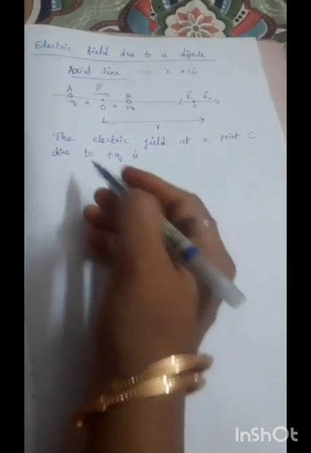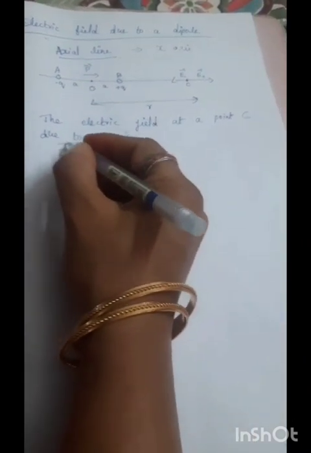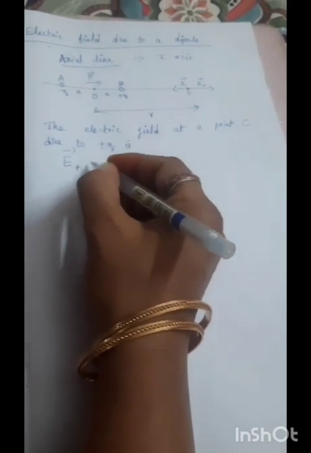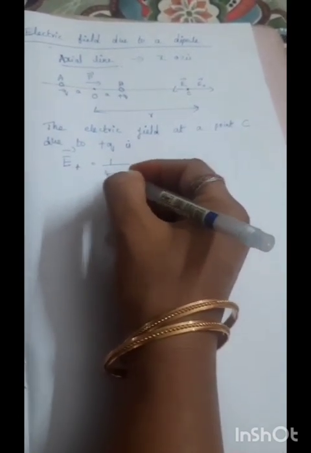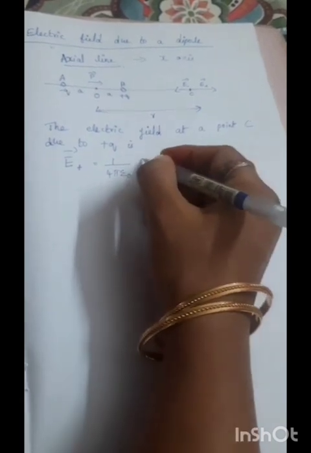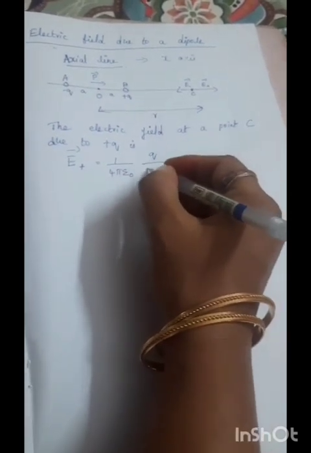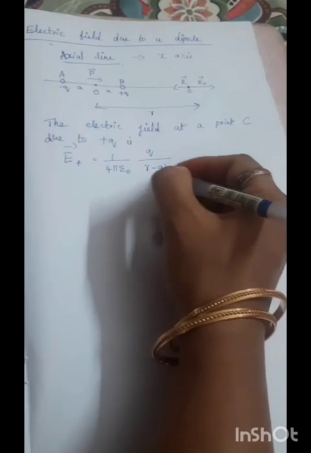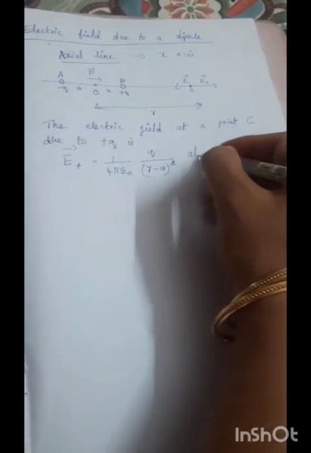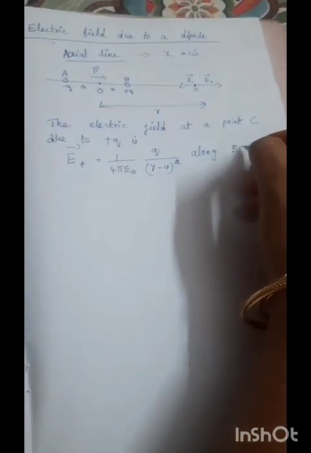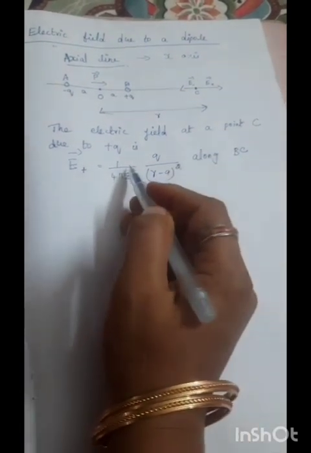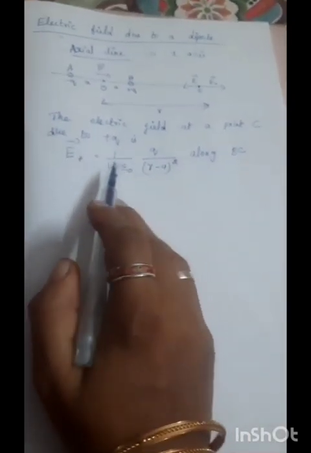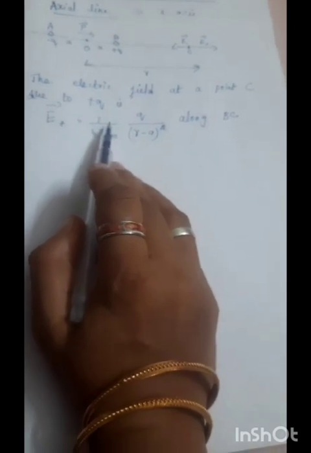That is given by E vector plus is equal to 1 by 4 pi epsilon naught into q divided by (r minus a) the whole square, which is along BC. I think you could have learnt this one in your 10th standard itself, even in 11th standard.